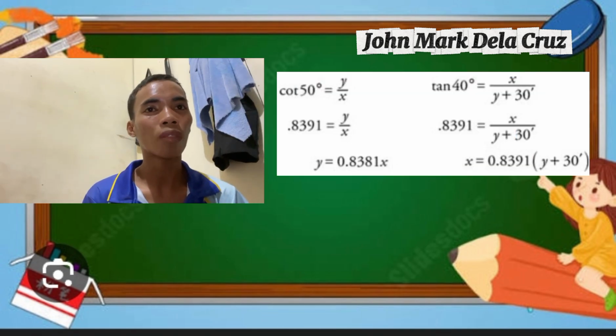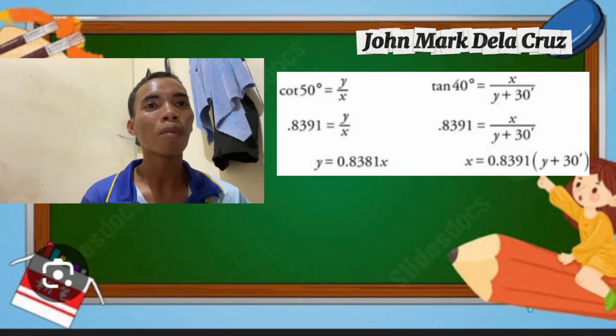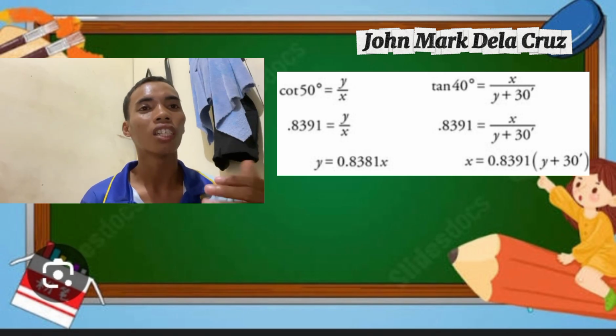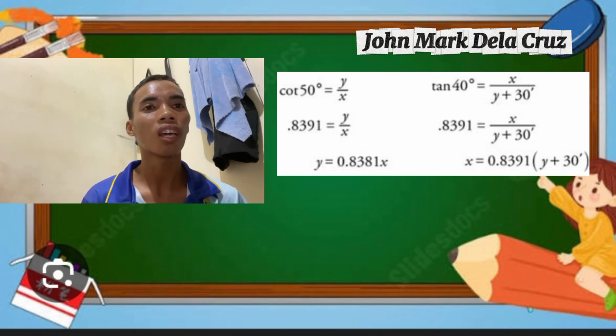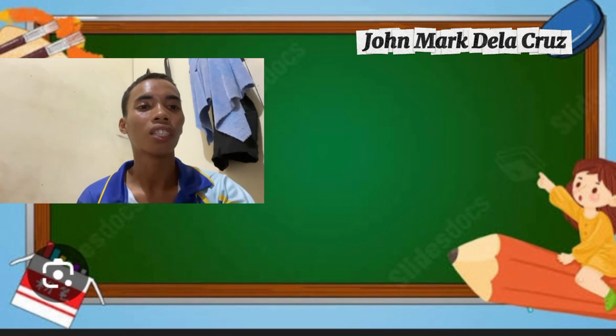So we have cot 50 degrees is equal to y over x, 0.8391 is equal to y over x, so y is equal to 0.8391x. Then tan 40 degrees is equal to x over y plus 30. 0.8391 is equal to x over y plus 30. X is equal to 0.8391 times y plus 30.